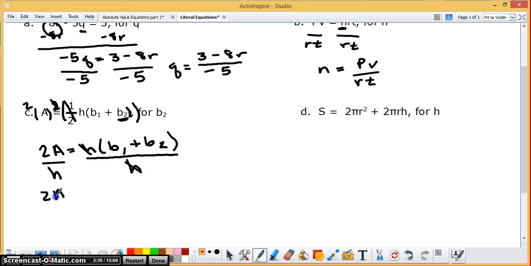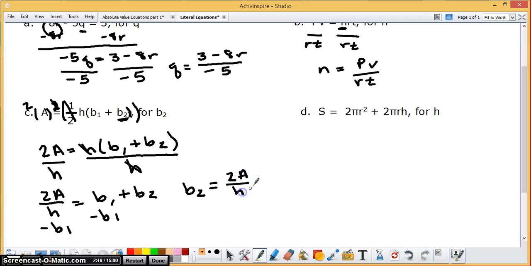We have 2a over h is equal to base 1 plus base 2. Now we want to get rid of base 1, so we subtract base 1 from both sides, and in the end we get that base 2 is equal to 2a over h minus base 1.